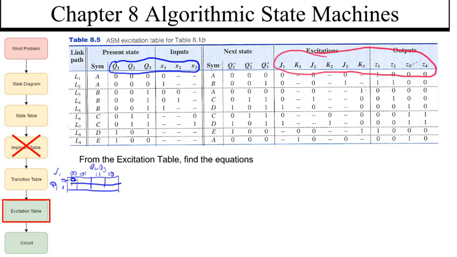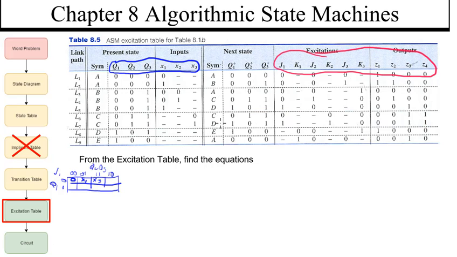So 0, 0, 1 is going to be x1. Whatever x1's value is. Okay, now let's look at these two rows. Try to combine them. J1's value is x3. So 0, 1, 1 is x3.